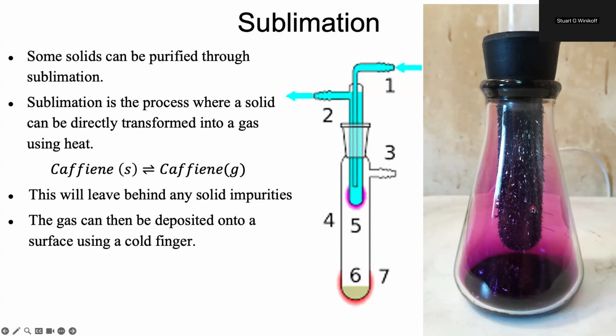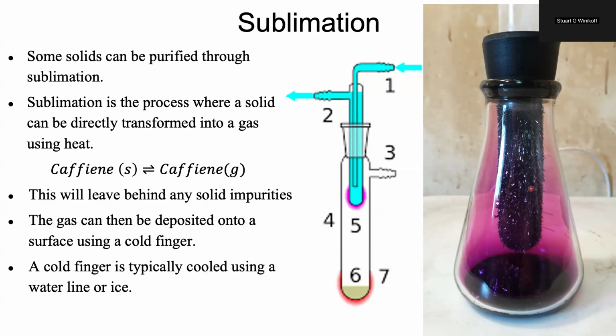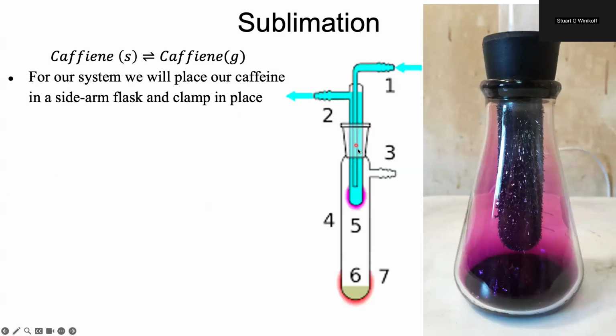So you can see here a depositing of iodine onto a cold finger, which really shows off the system very well because iodine is so beautiful and purple. In order to accomplish this, you can typically fill that cold finger with ice like we did last week in the rotovap, or you can fill it with flowing cold water. This time, we're going to be using that flowing cold water.